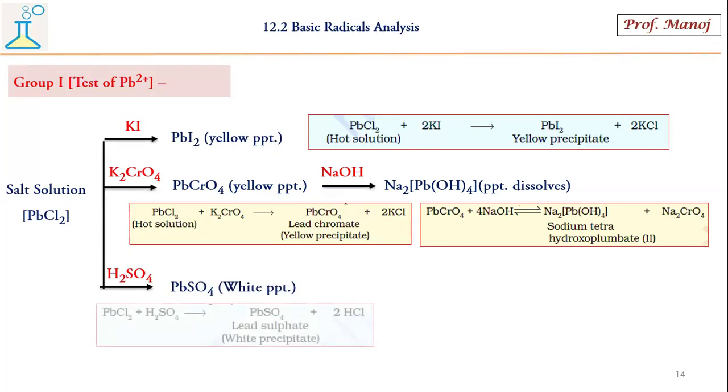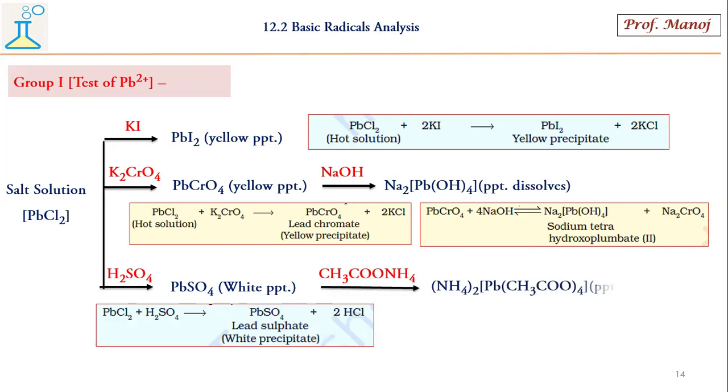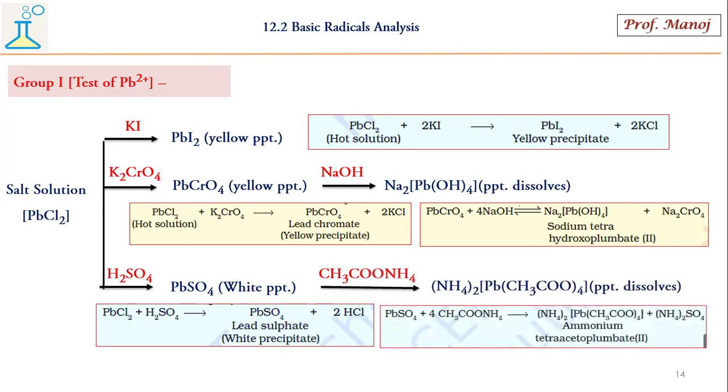It forms white PPT of lead sulfate. And in case you treat further with ammonium acetate, it forms the soluble precipitate. This we are doing under group number 1, testing of Pb plus 2.